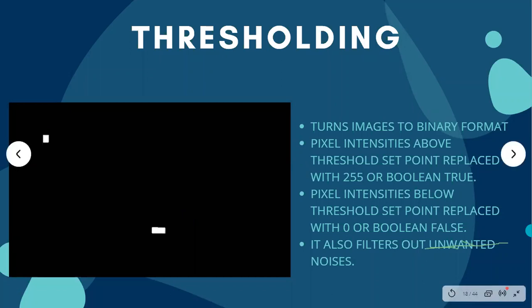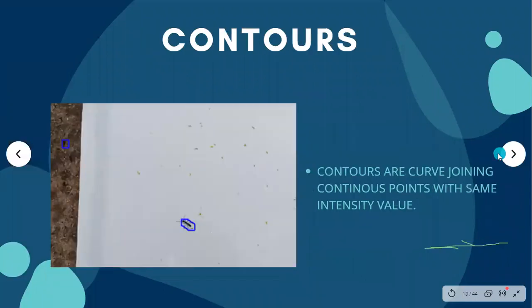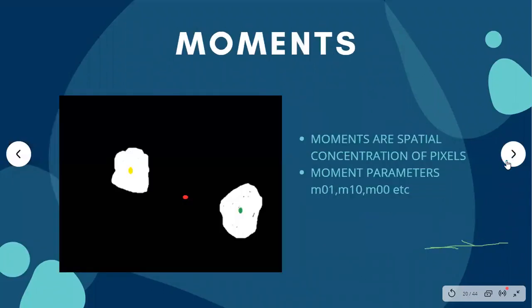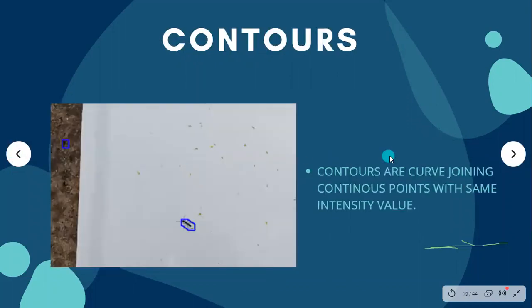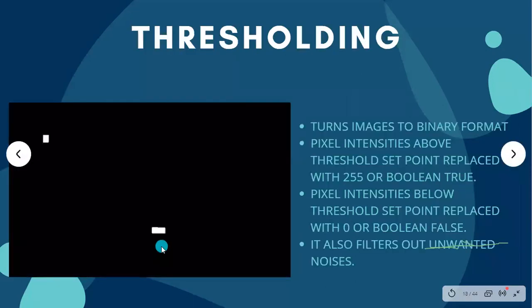Now there are two methods we can utilize to localize and track the foreground elements. One is contours and another is moments. Contours are curves joining continuous points with the same intensity values. If you look at the previous image, you can see the white spot would have the same intensity, that is 255, and the black would have all intensities 0, meaning dark pixels.